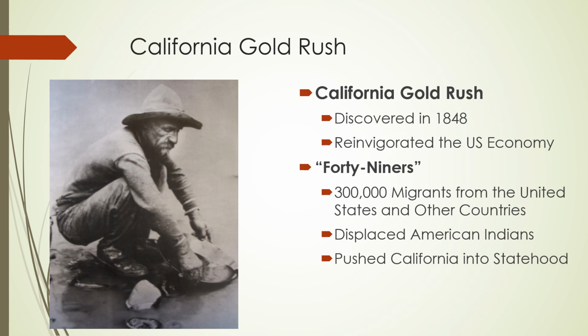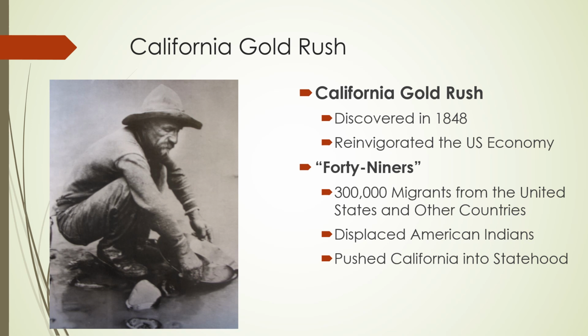Another thing that happens right after the Mexican-American War is the California Gold Rush. So gold is discovered in California in January of '48. So right as the war ends. Now this is good for the American economy. It obviously is a lot of wealth there.